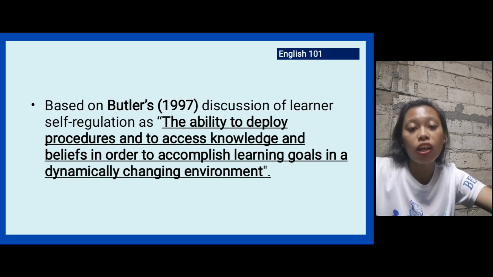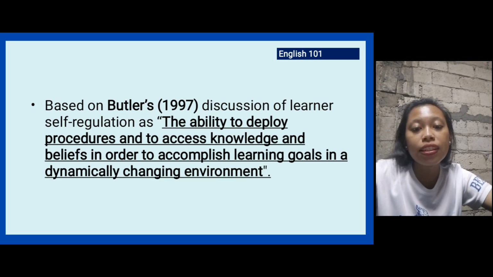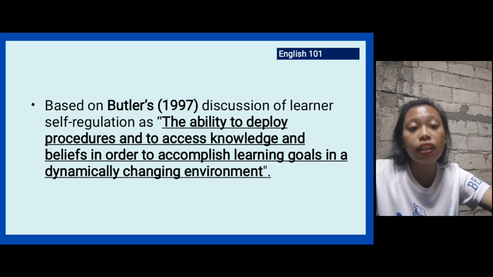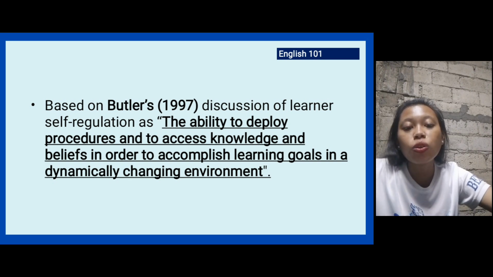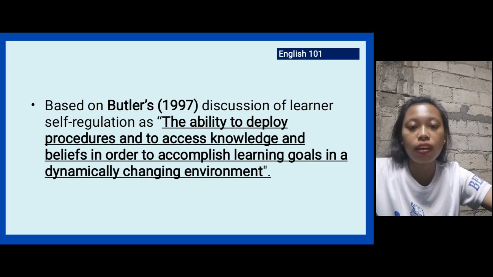Learner self-regulation, according to Butler, 1997, means that students are able to take control of their own learning. It is the ability to use different strategies or procedures and apply what they know and believe to reach their learning goals, even when things change.